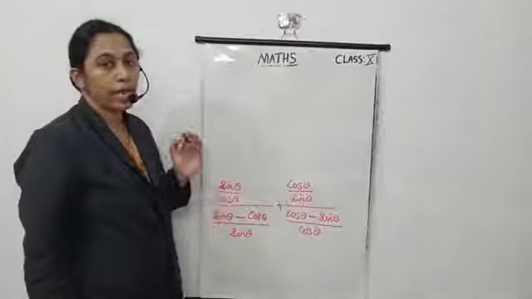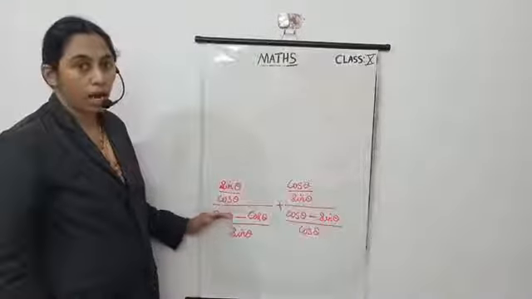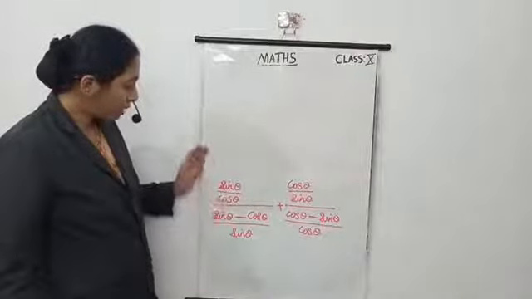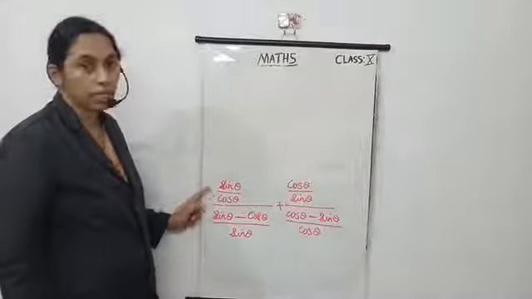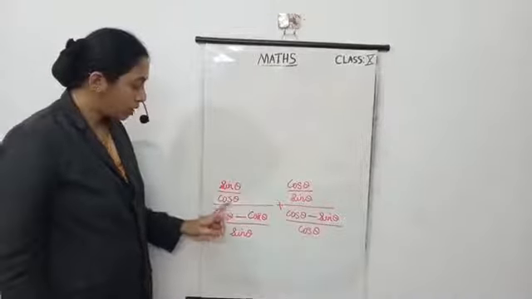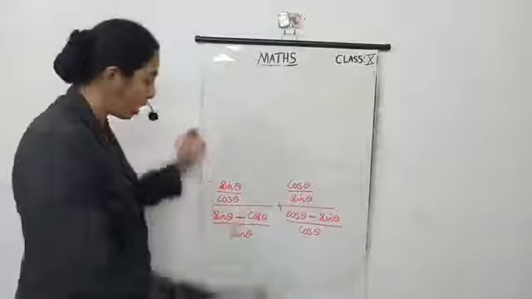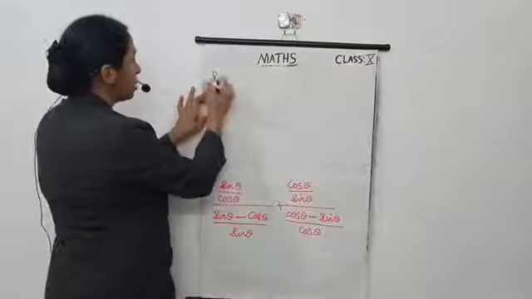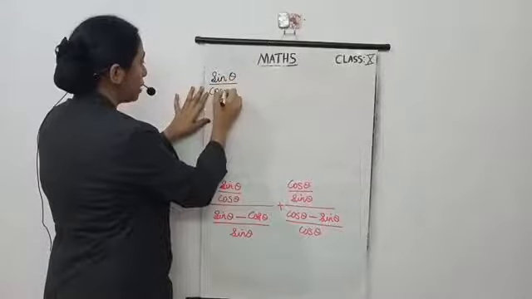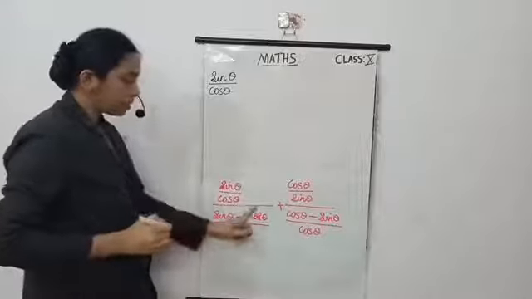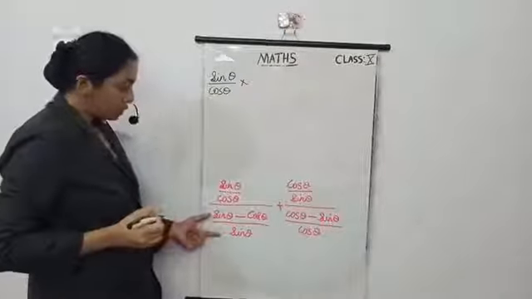So we already learned how to divide a fraction by another fraction. I think all of you know that a fraction by another fraction means the numerator fraction into the reciprocal of the denominator fraction. So I write here first numerator sin theta by cos theta, and replace this division with multiplication and write its reciprocal.